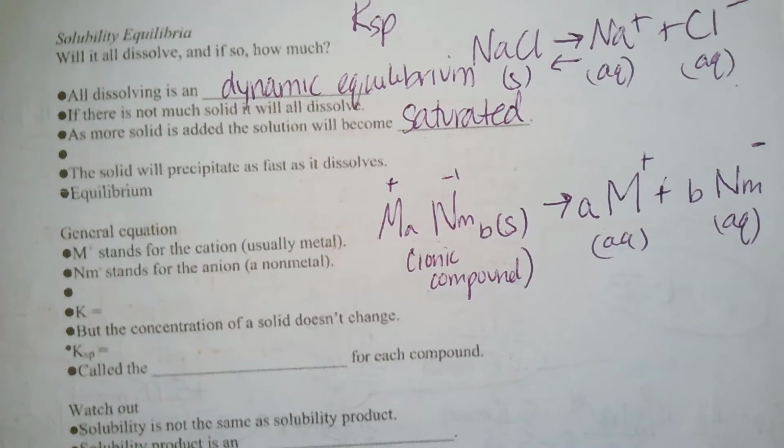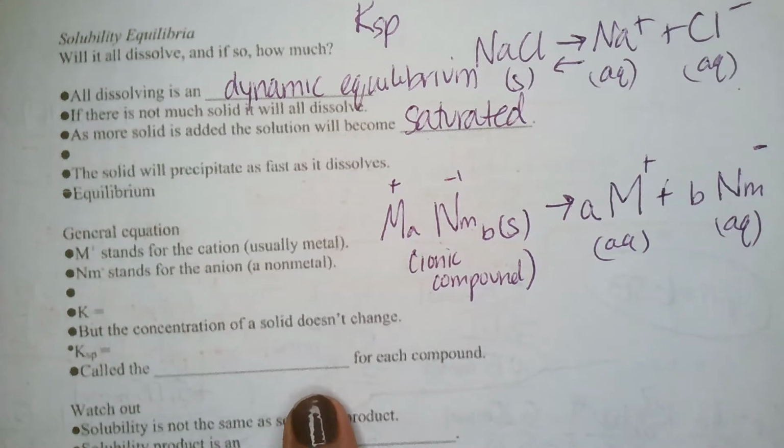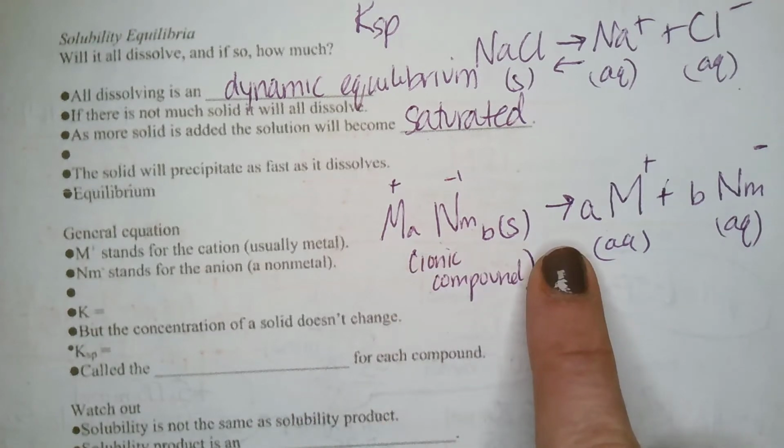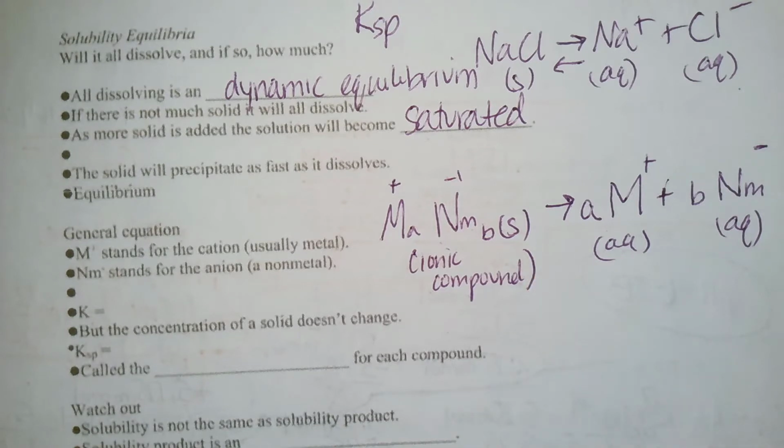And these are both, again, in an aqueous solution. So we have aqueous ions on the right and the solid ionic compound on the left. And as we begin to think about a process of dynamic equilibrium, an ionic salt dissociates to form its ions. The subscripts then become the coefficients on the product side. The process of dynamic equilibrium is simply a dissolving process of physical change.